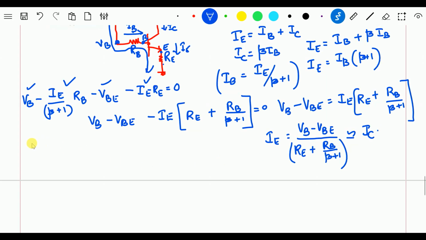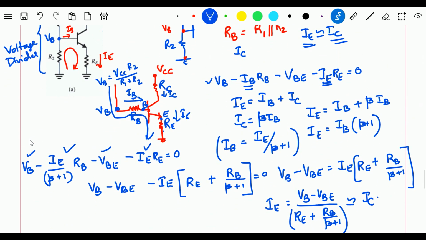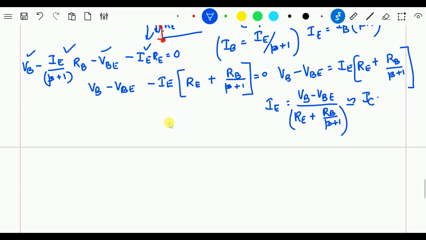Further, to find VCE, to write the equation for VCE, you need to go with the output loop. Which is the output loop? If you go with this complete loop, I can write what VCE is. So for that, I'll try to draw a separate circuit here.